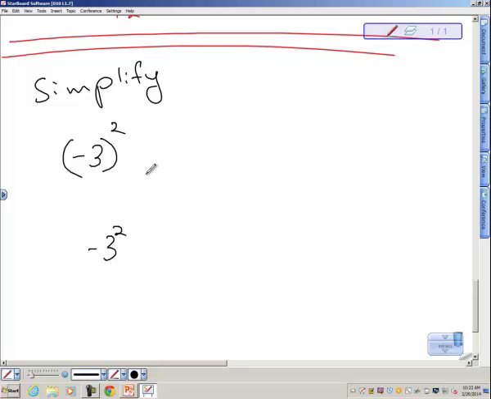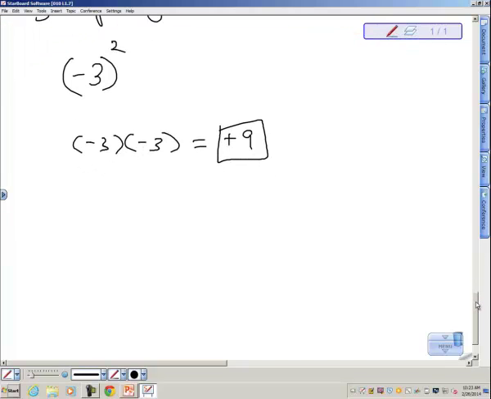Okay, the first one, you square both the negative and the 3. And so that'll give you a positive 9, right? Because the negatives cancel out. And I put the plus there because I just want to emphasize that it's positive.